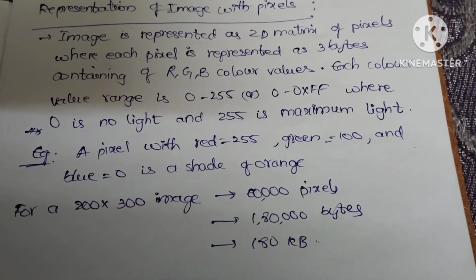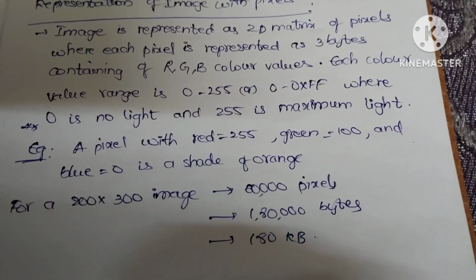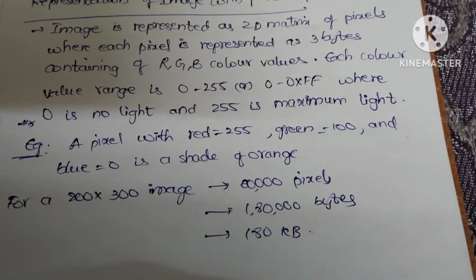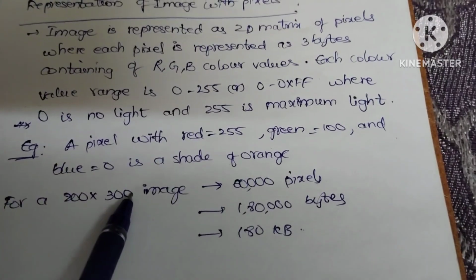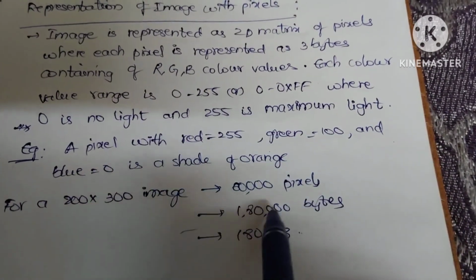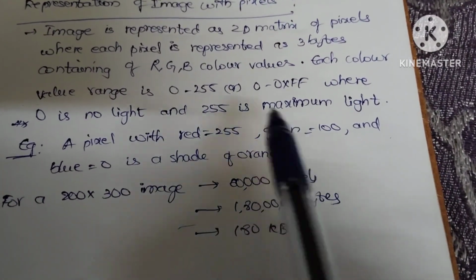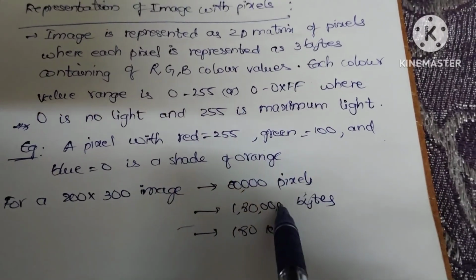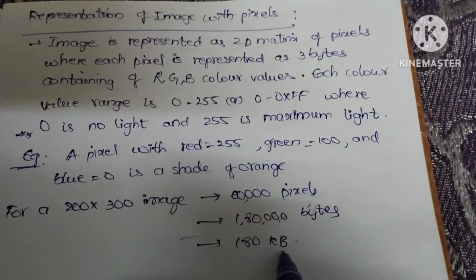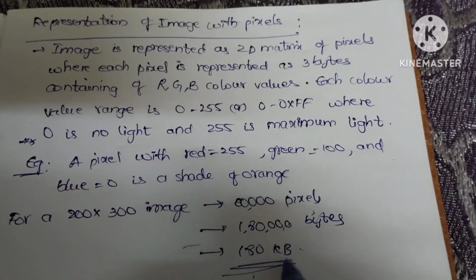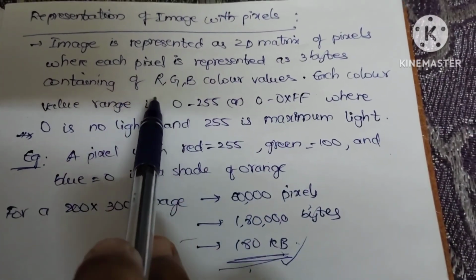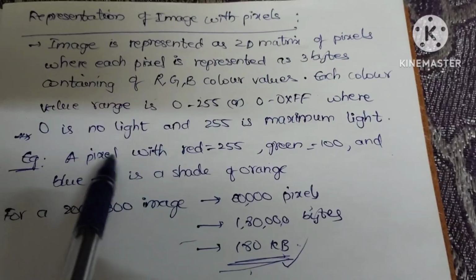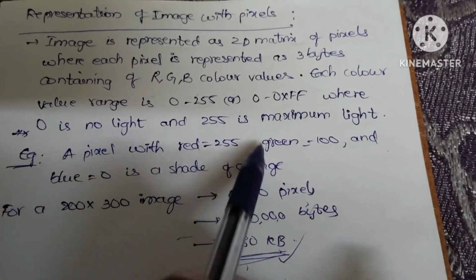For example, a pixel with red equal to 255, green equal to 100 and blue equal to 0 is a shade of orange. For a 200 by 300 image, there will be 60,000 pixels, which means 180,000 bytes, which is equal to 180 KB. Next you will learn about RGB colors, how they represent colors and how we can edit them.